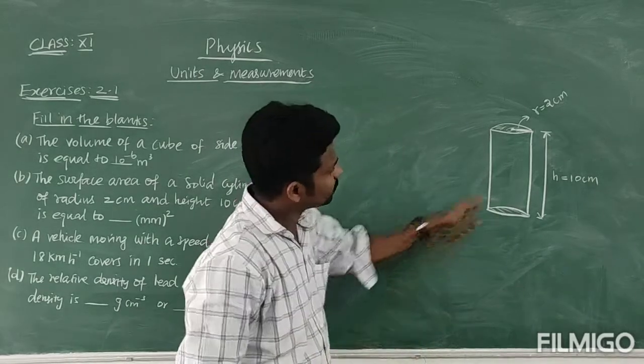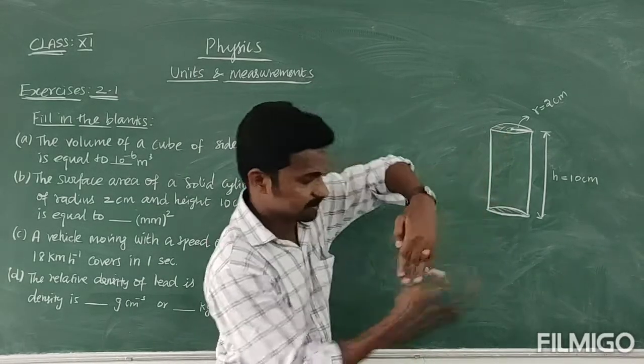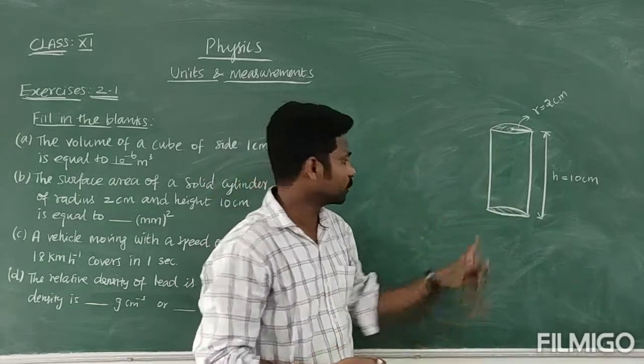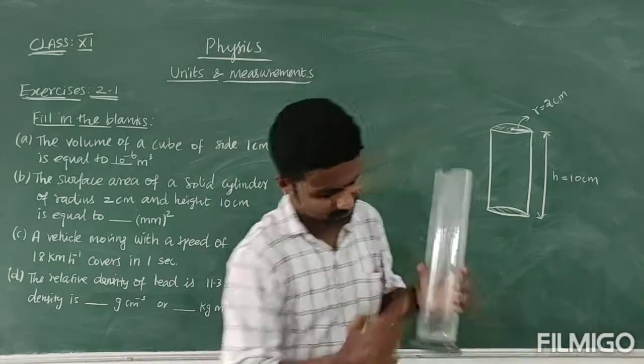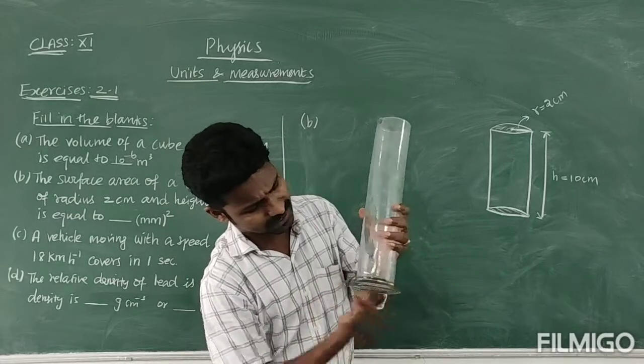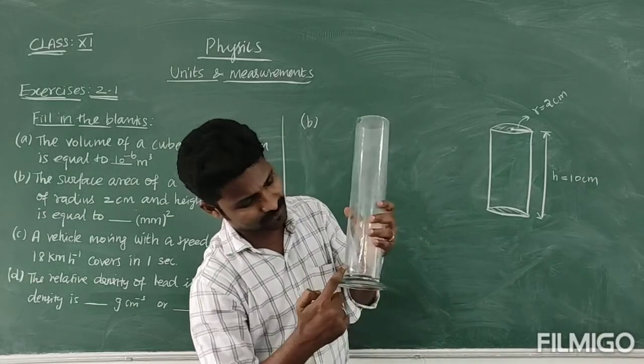Listen student. First, how to find the curved surface area? You know that this is one round. Again round, it's the first round.